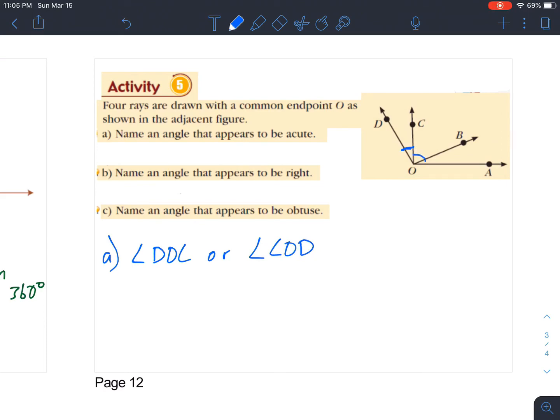We also have another acute angle right there. So we could say it is COB or BOC. And then we've got one right there. So then we could call that BOA, or we can call that angle AOB.